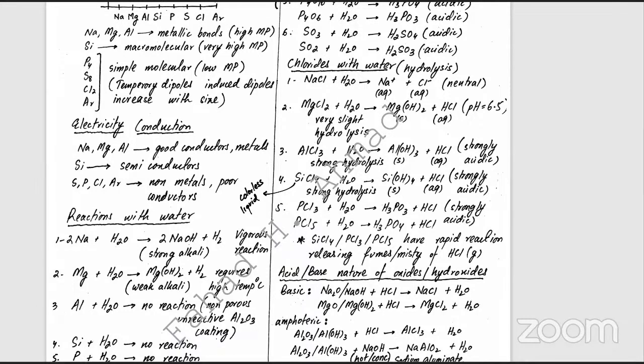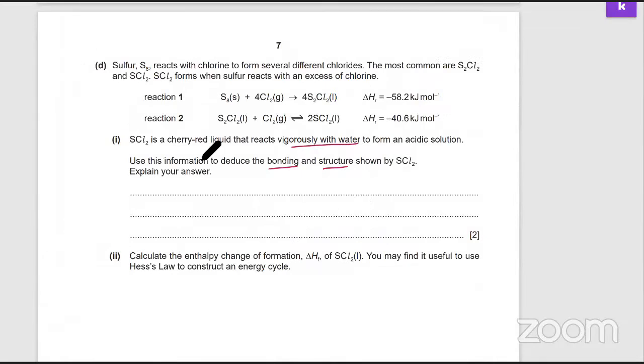Now is it giant or simple? How will you find out? Okay, so we know it's a covalent chloride, as it hydrolyzes. But how do you know it's simple? It could also be giant.